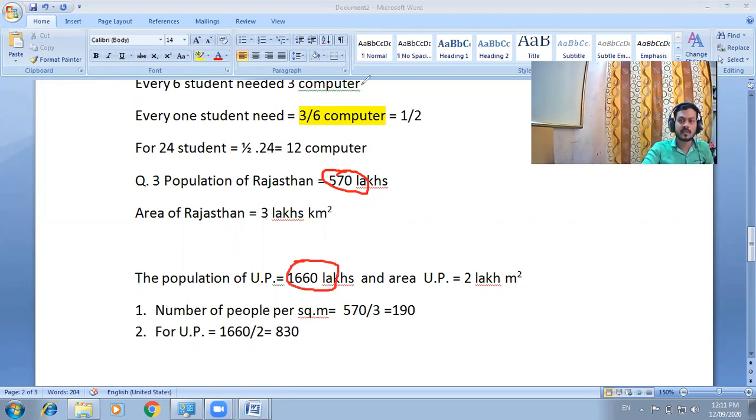So which state is less populated? Our answer becomes Rajasthan. Rajasthan is less populated compared to UP.